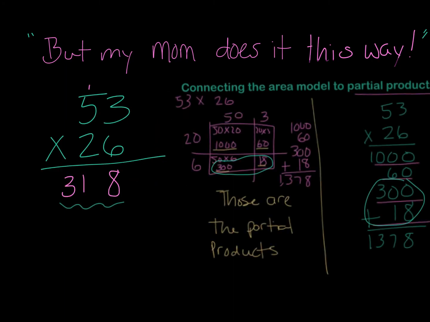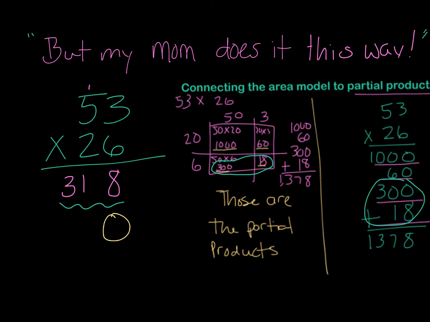Now let's show you where that comes into place. That 318 is right there in your area model. It's right over here in your partial products model. Now we'll work on the 2. And we're going to multiply the 2 across to the lowest place value, then to the higher place value. 2 times 3.